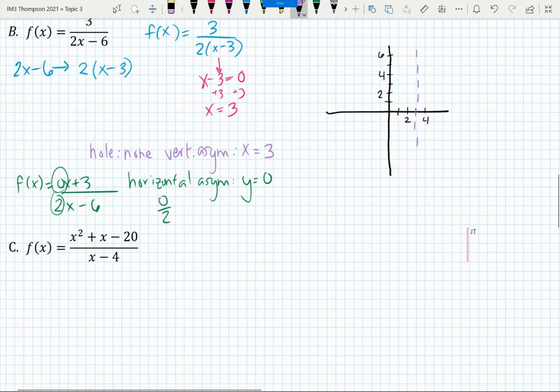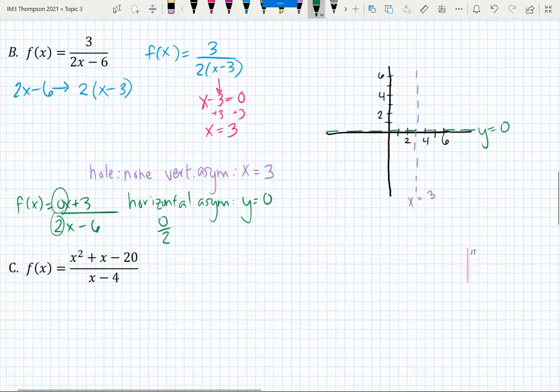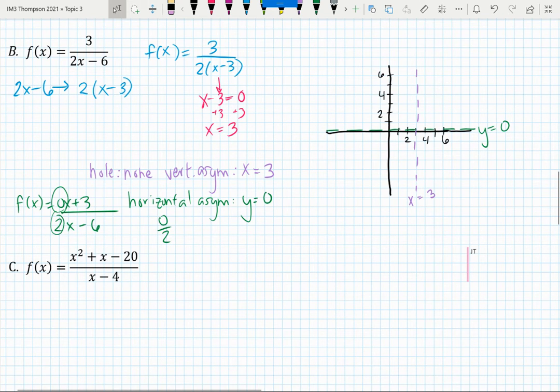A vertical asymptote at x equals 3, and a horizontal asymptote at y equals 0. That horizontal asymptote is going to take a little bit of practice. It's a little funky, but after you see half a dozen or a dozen examples, you'll start to wrap your mind around it.